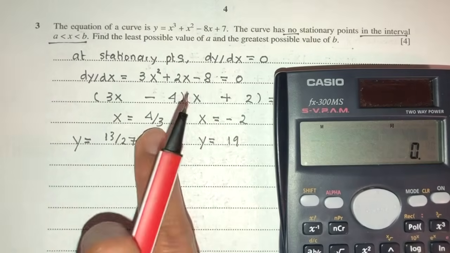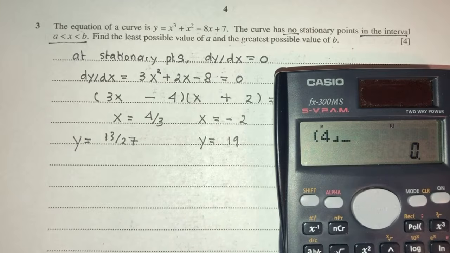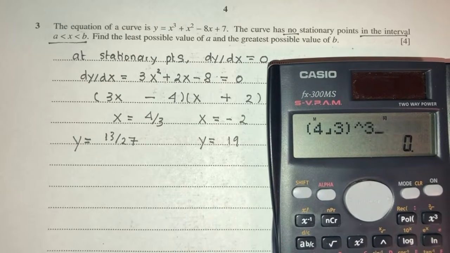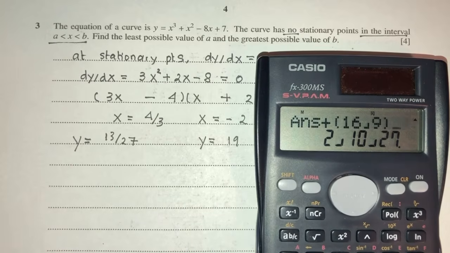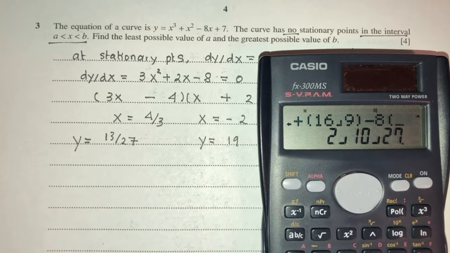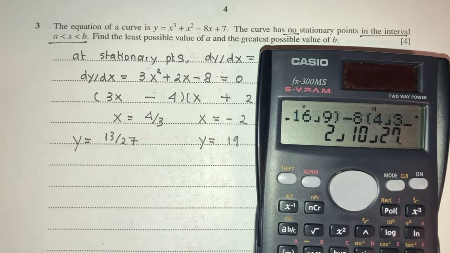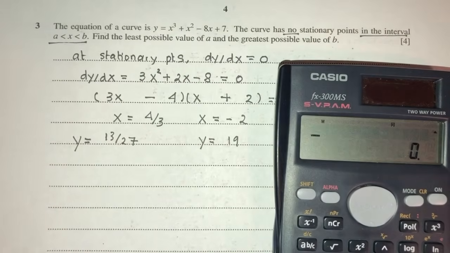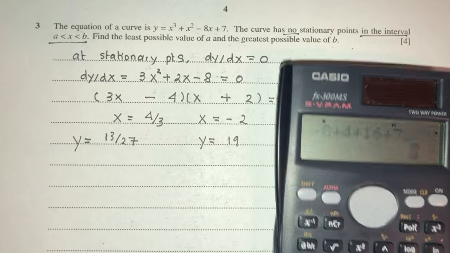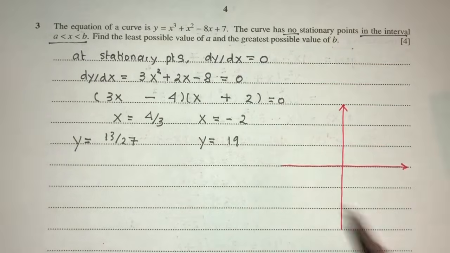Let me try again for this one: (4 over 3) cubed, plus 16 over 9 minus 8 times 4 over 3 plus 7. It should be the same values. And for minus 2, it is minus 8 plus 4 plus 16 plus 7, which is 19. So let's check to see what happens.